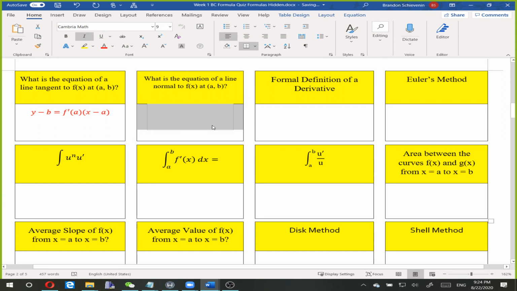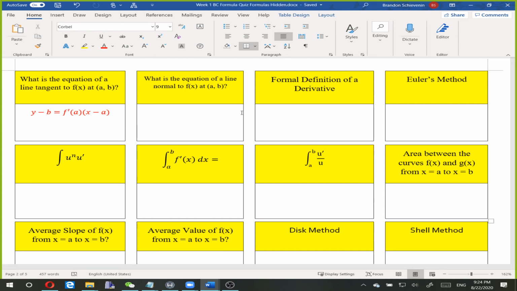Okay, and then Kyle, if I wanted to change this to be the equation of a normal line instead of an equation of a tangent line, what would change? Instead of f prime of a, you got negative 1 over it. Okay, which would look like this. So we're still at that point. Kelly, what is the formal definition of a derivative?